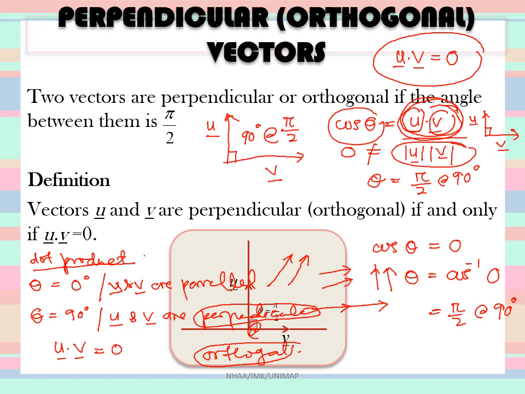From the formula cos theta equals u dot v over magnitude u times magnitude v, your denominator cannot be equal to 0, because then you will get undefined. Thus, to get theta equal to 90 degrees, the numerator should be 0. So the dot product should be 0, and automatically you will get theta equal to 90 degrees, and thus you can conclude that your two vectors are perpendicular.